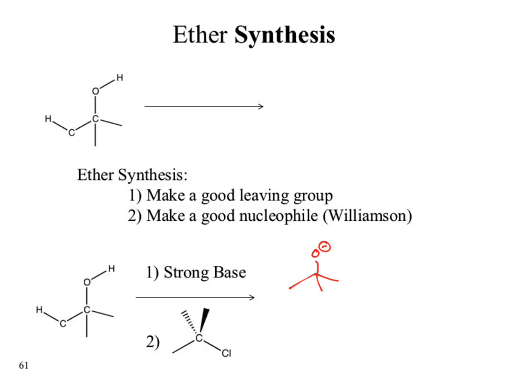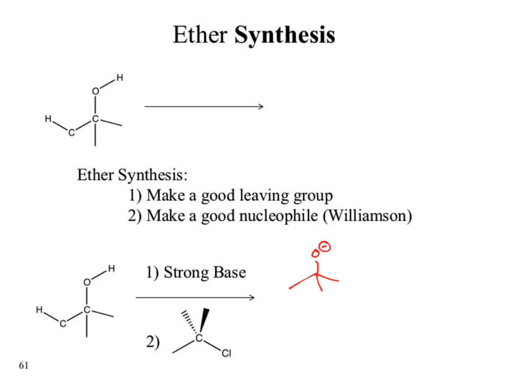What have you just made? I made a negative oxygen, which would be the conjugate base for the record. I have a species with a lot of electrons. What kind of things have lots of electrons? Nucleophiles. I'm making a good nucleophile. That's the point of the reaction.